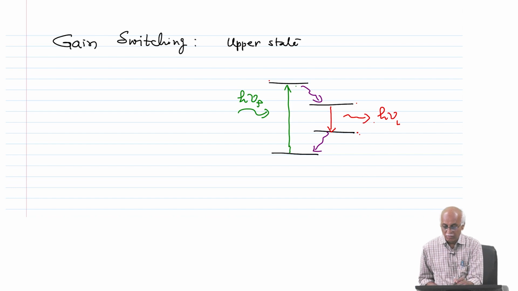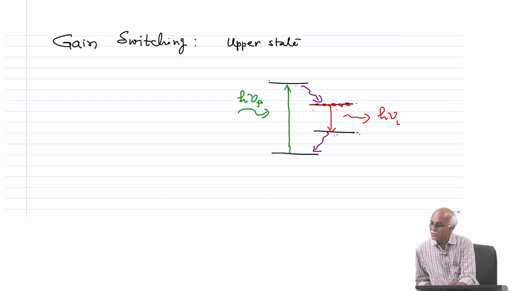Here the excited state atoms are many more, because whatever comes by fast decay to this level, this lower level remains approximately empty because of the fast decay to the ground level. Hence this upper level is highly populated, and it is also a metastable level.